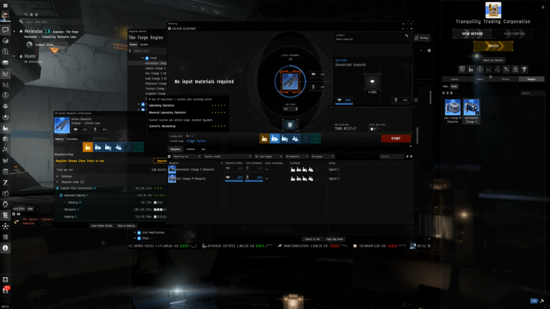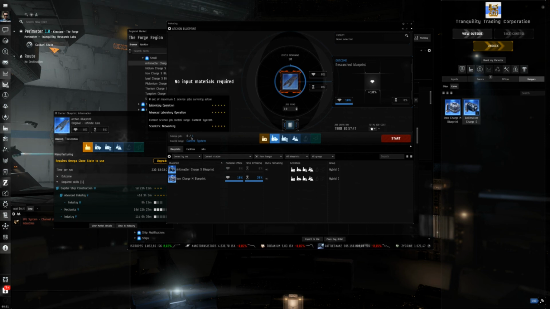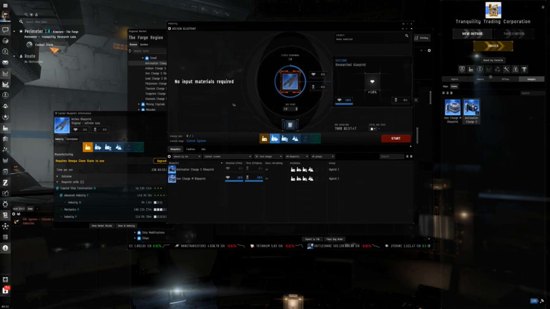As you can see, you cannot learn laboratory operation or the advanced version of the skill, and therefore are stuck with one research job per alpha clone. But as an omega, you can have 11 research slots, which would allow quite a lot of research and making profit of it.